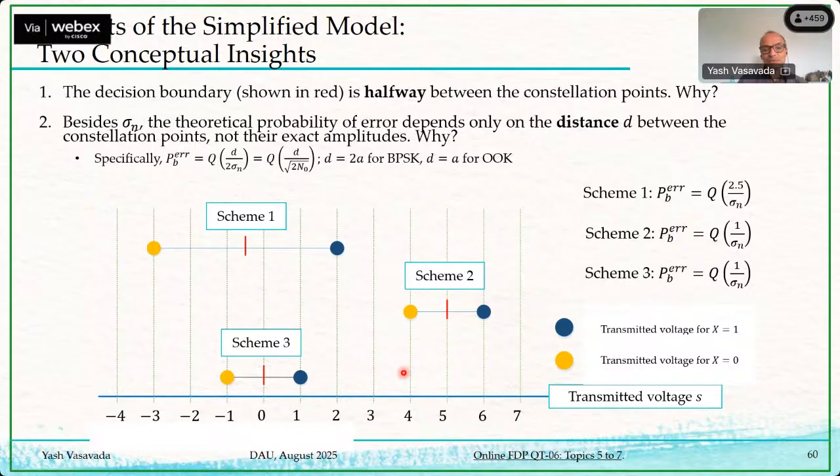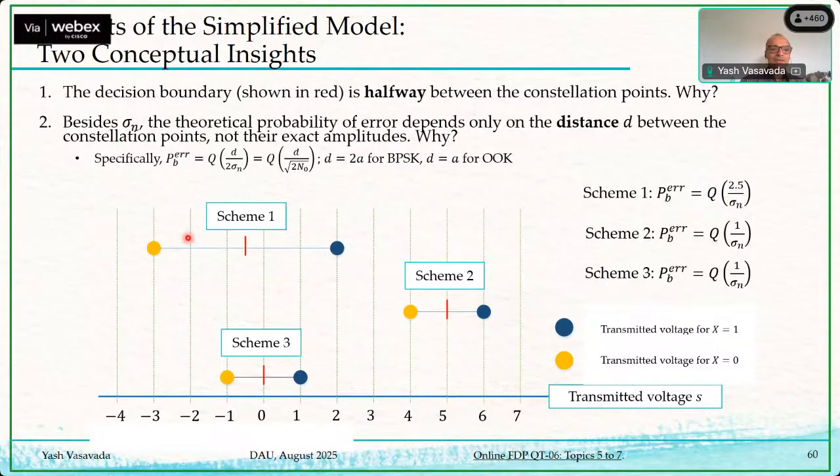Because if we do so, the energy that we are sending to represent that decision boundary is wasted energy. Actually, we never transmit decision boundaries, so in a way, we are never consuming energy to send the decision boundary. But the point is that the halfway point between the two transmitted symbols, if it is away from 0, then you are wasteful of energy.